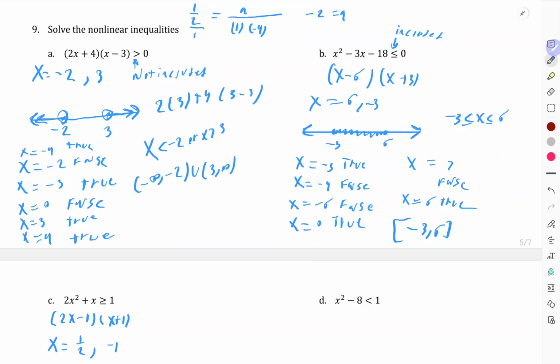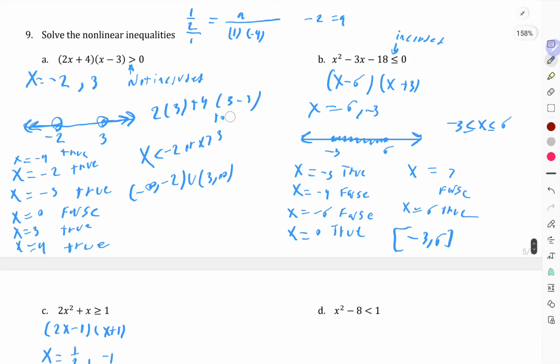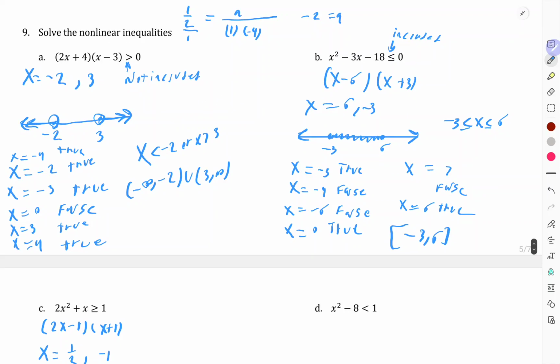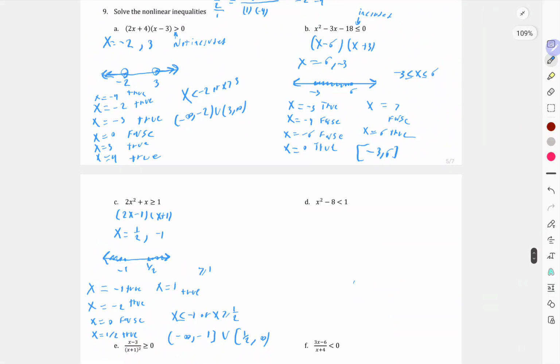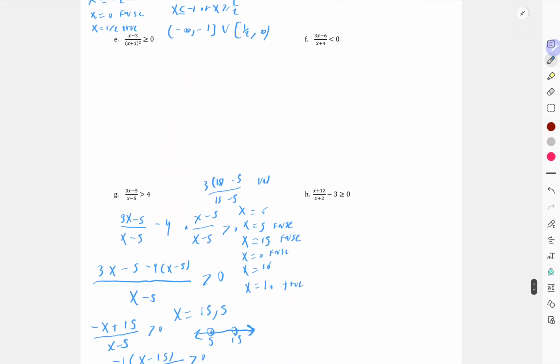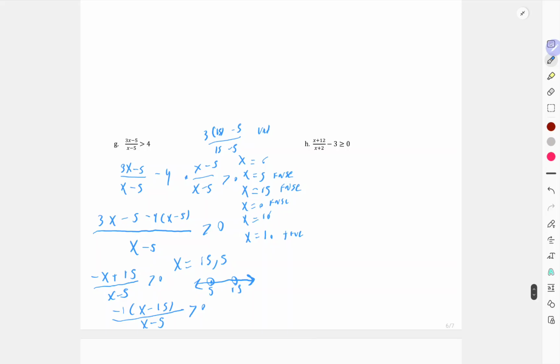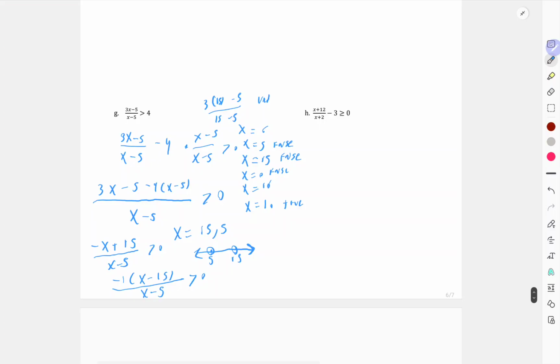Okay, so this is 10. 10 is greater than 0. That's true. That means it is indeed not included, and it is indeed that way. So you already know. And then same goes for these. You just have to find the x-intercepts to be able to plug them in here, and then do the same process of guessing and checking.